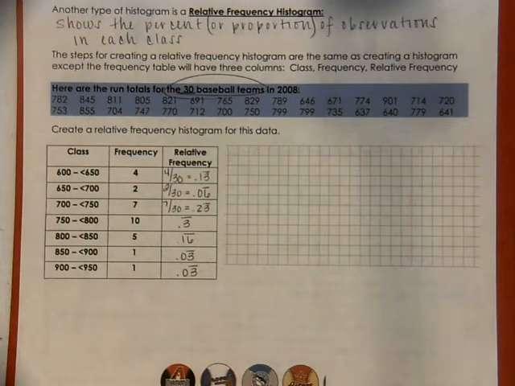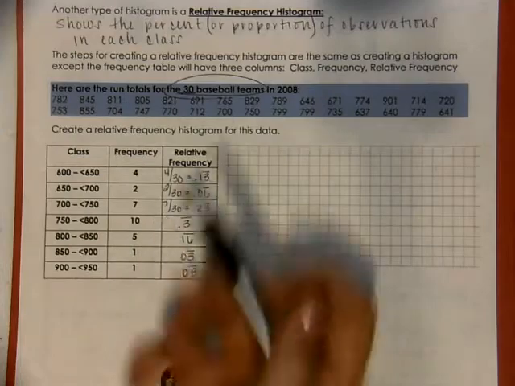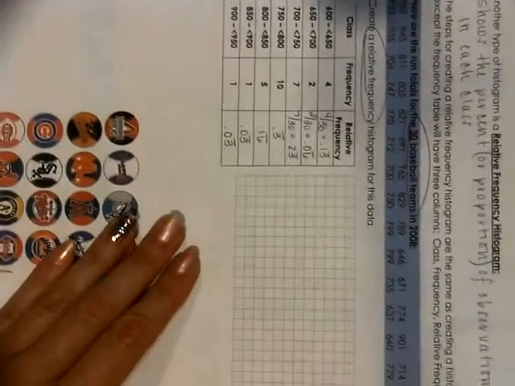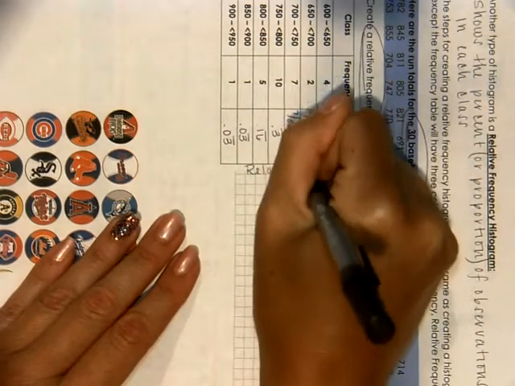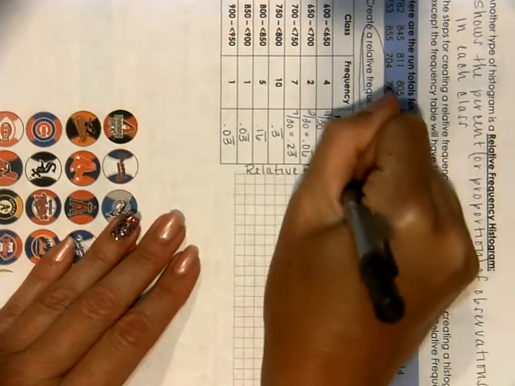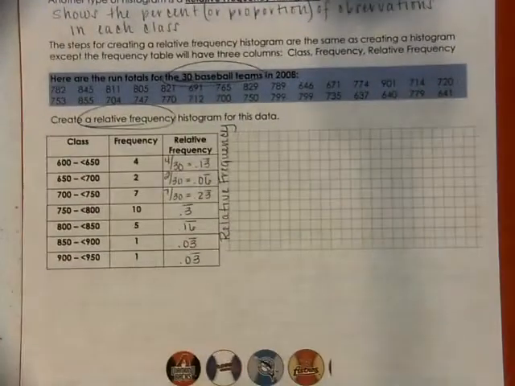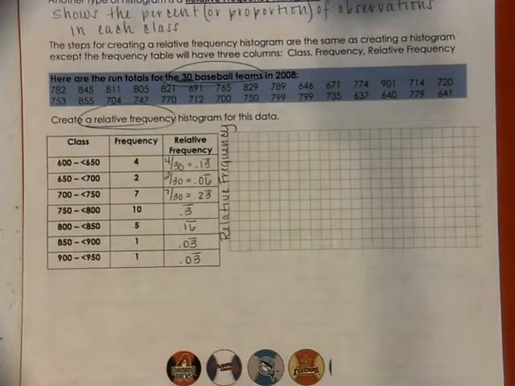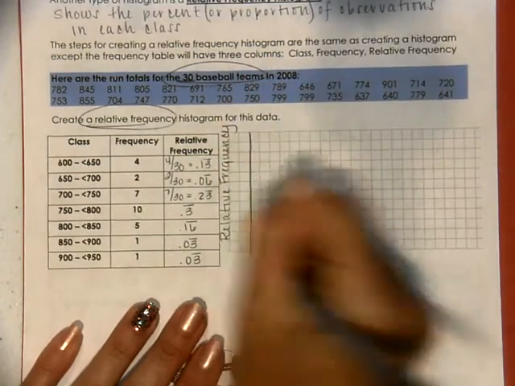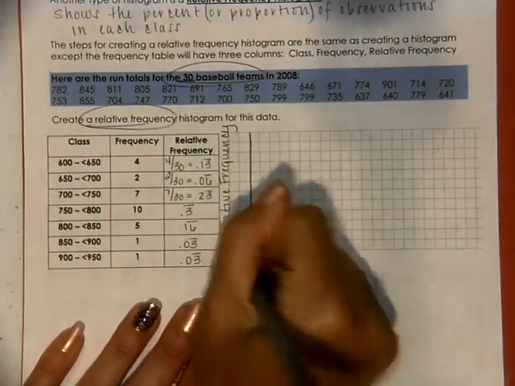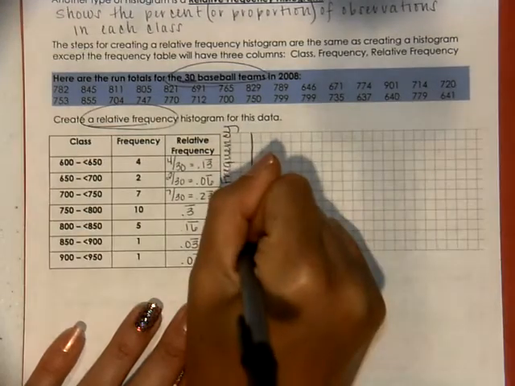Now, your histogram is drawn the same way, except on the vertical axis, instead of frequency, we're now doing a relative frequency histogram. So you're going to have relative frequency along the vertical axis. Our highest relative frequency here is 0.33. So let me just draw this in right here so you can see it. I need to go up to 0.33, so I'm just going to go by 0.05s.